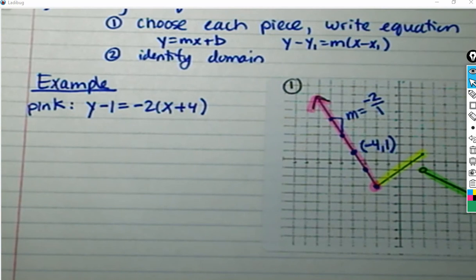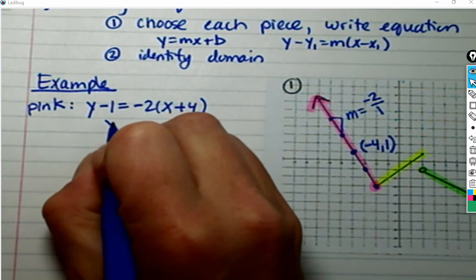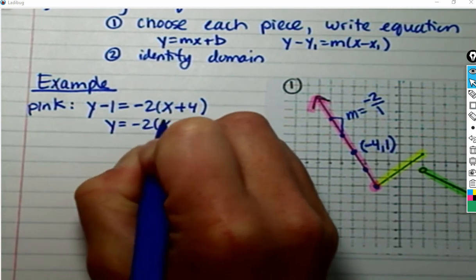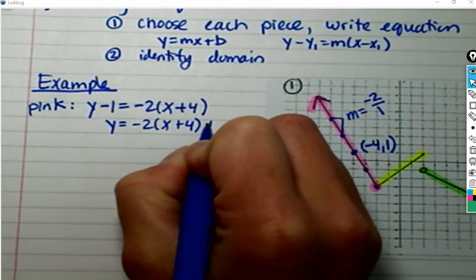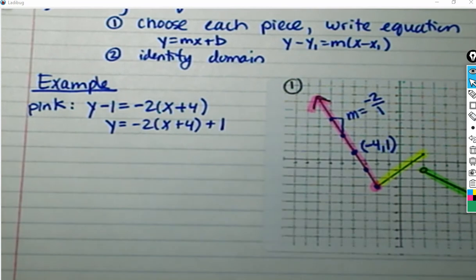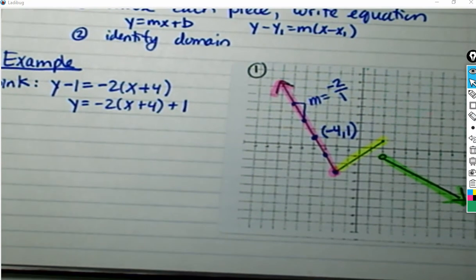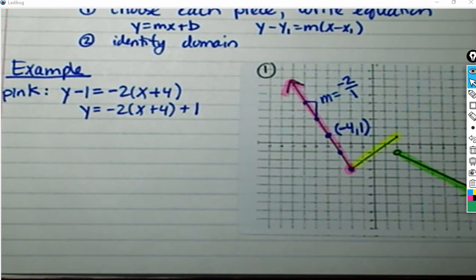And because this is piecewise, I do need it to be in y equals format. That should look familiar to the writing equations you did in that review assignment. You can multiply this out to mx plus b if you'd like. You don't necessarily have to.